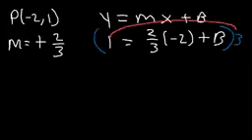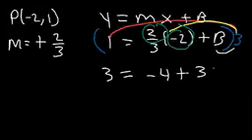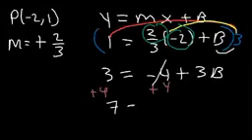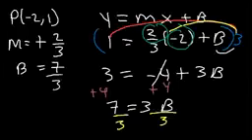So 3 times 1, that's 3. 3 times 2/3 times negative 2, the 3's will cancel, and so what we have left over is 2 times negative 2, which is just negative 4. And then 3 times b, which is 3b. So now let's add 4 to both sides. So therefore 7 is equal to 3b, and now let's divide both sides by 3. So b is 7 over 3.